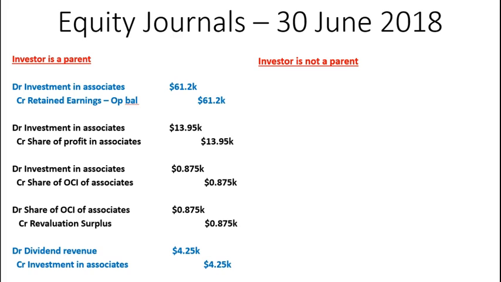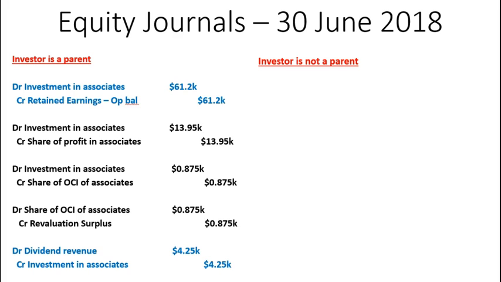So we want to offset the revenue from the dividend we would have calculated because it's effectively just a transfer of cash from our associate to our entity. So we don't actually want to recognize revenue. And we are crediting our investment in associates because when our associate pays out that dividend, they pay it from their retained earnings, which means their equity falls, which means our equity also falls by a 25% proportionate amount because we own 25% of the net assets of the associate.